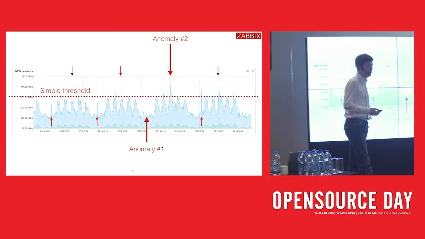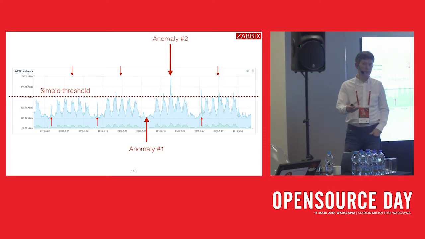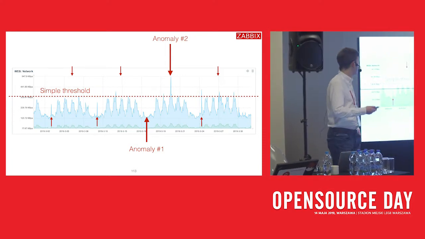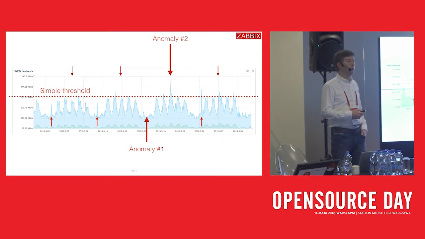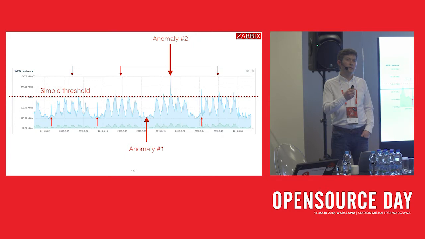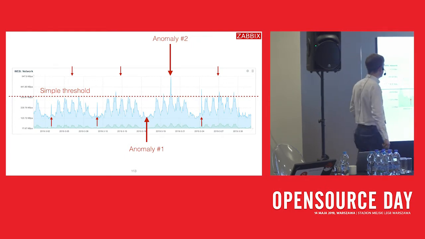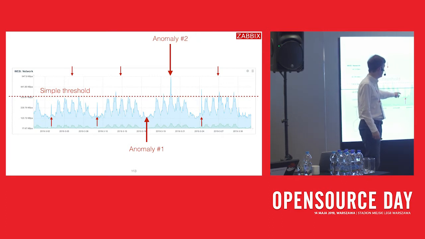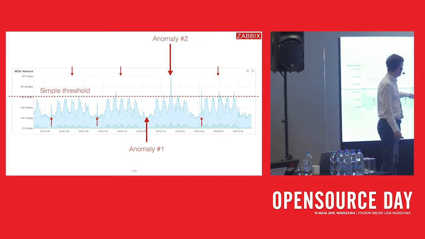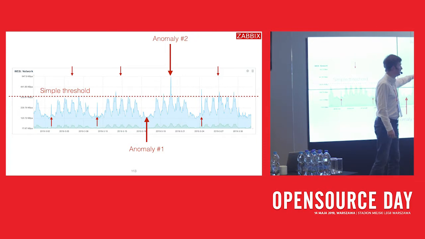So how can we teach Zabbix to report about these cases? We really need to find a way to tell Zabbix that this is something normal. So this is normal, and this is normal, but this is not normal, and this is not normal.